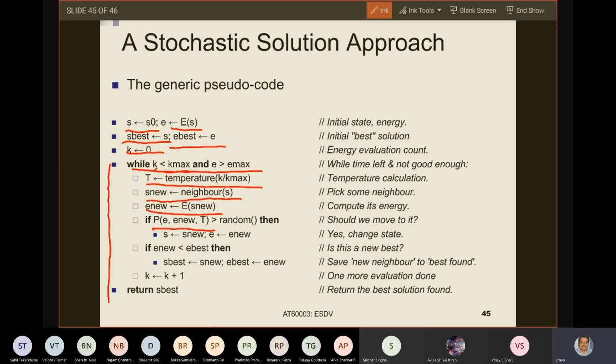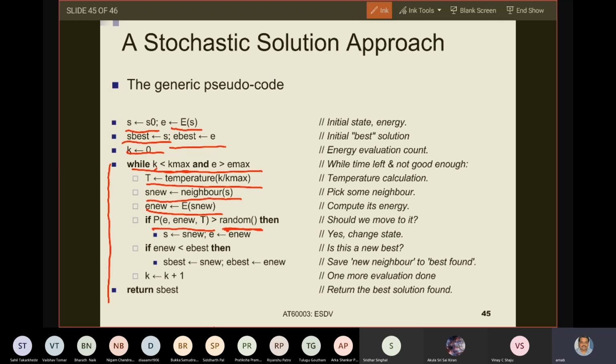First, let us understand how this probability is calculated. There are two things here. One is this P of E, E new, T, and the other is random. Random is a random number generator between 0 and 1. Let us say it's a uniform random number between 0 and 1, or let us say between 0.5 and 1.